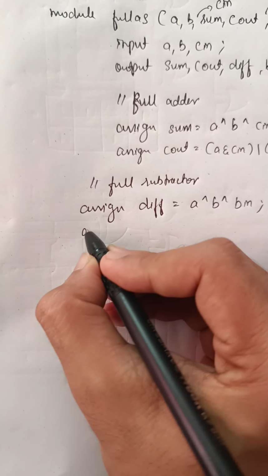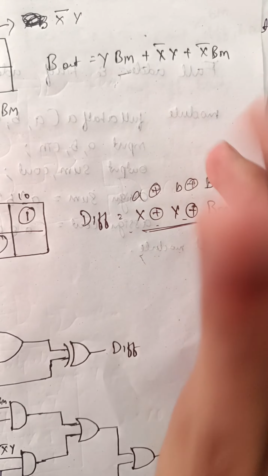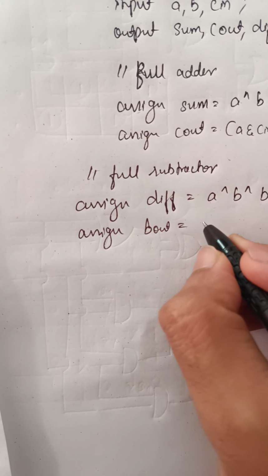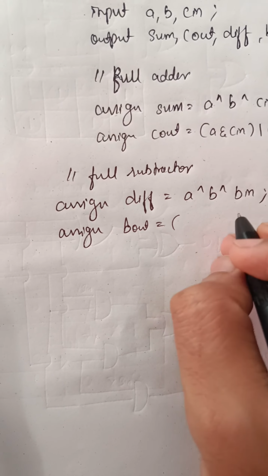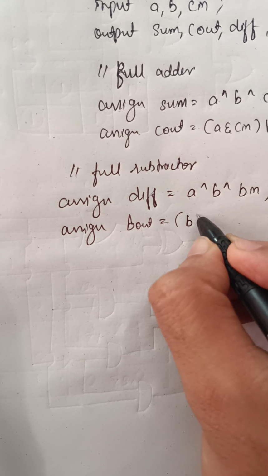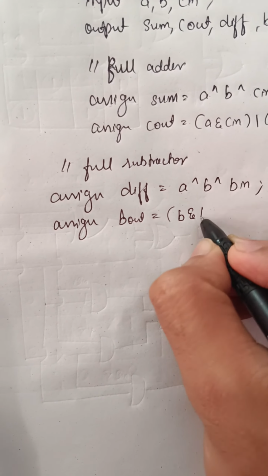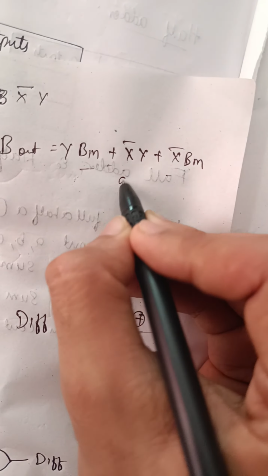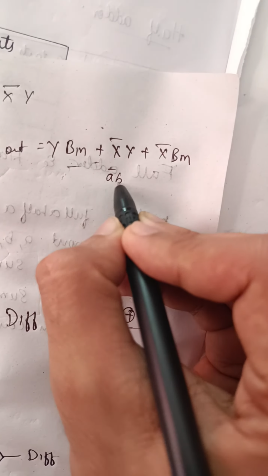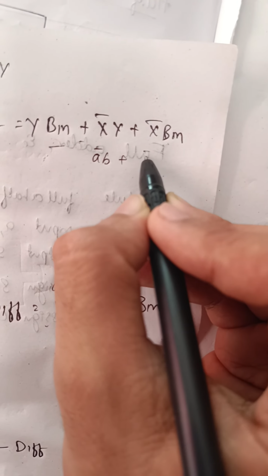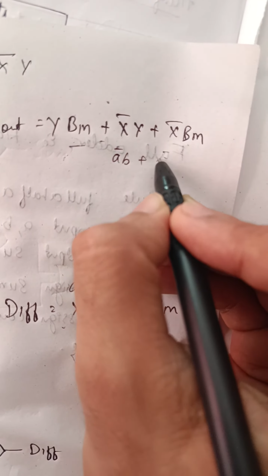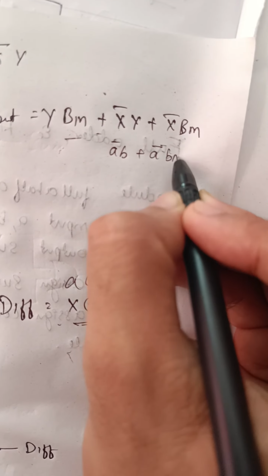And assigning for borrow out. What will be the borrow out? Borrow out is Y B in, that is, Y means B here, B and B in. Here X is A, that is A bar B plus, here X bar means A bar B in.